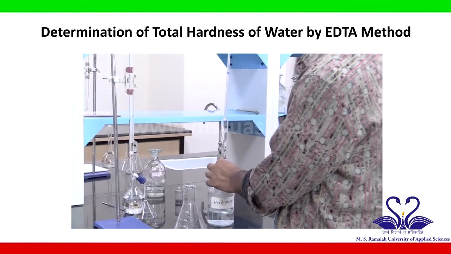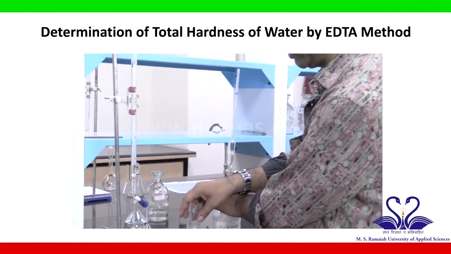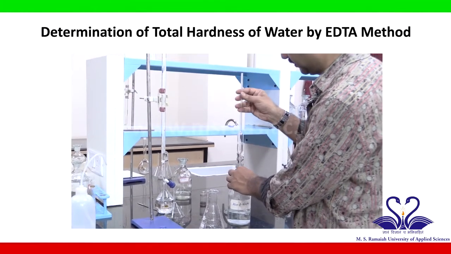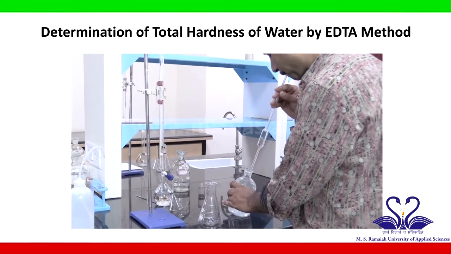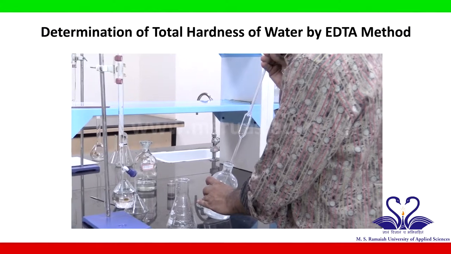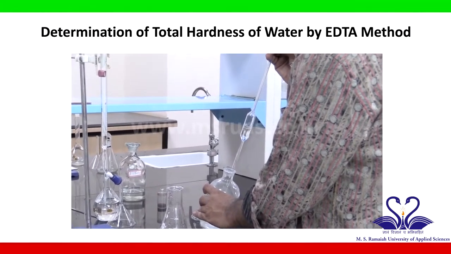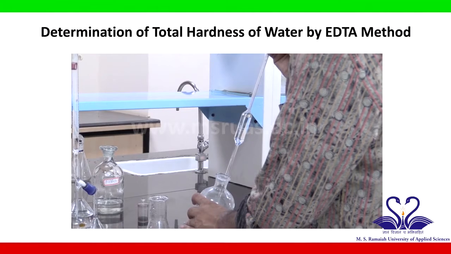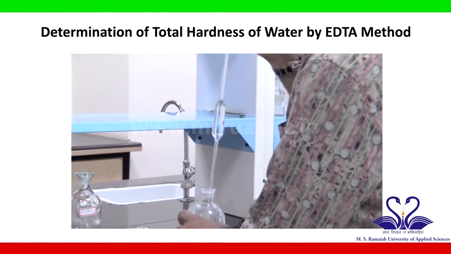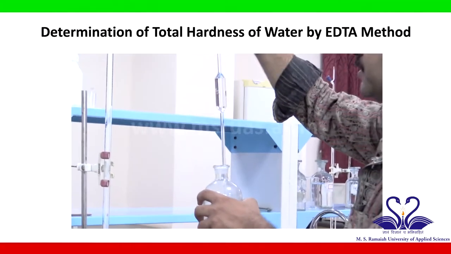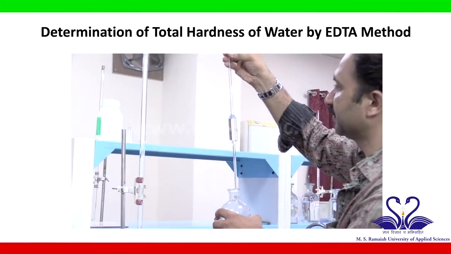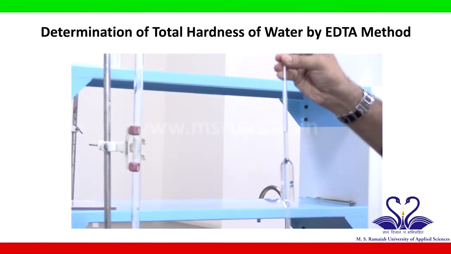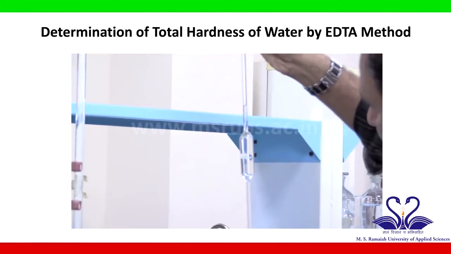So transfer 25 cm cube. A known volume of hard water sample has to be transferred to the conical flask. So I am using a 25 ml pipette. Okay, so I have to slowly leave it. Bring it near your conical flask, adjust it to the mark.